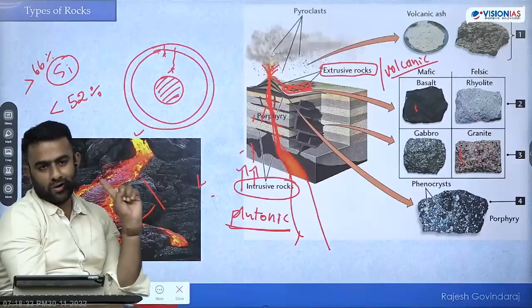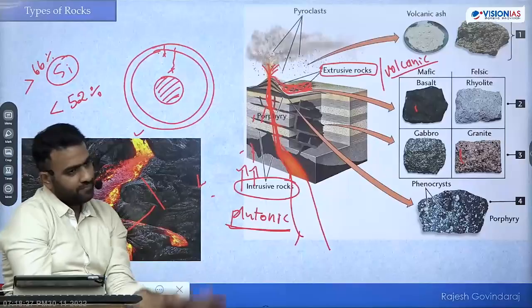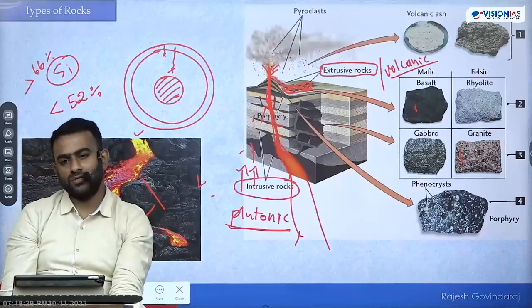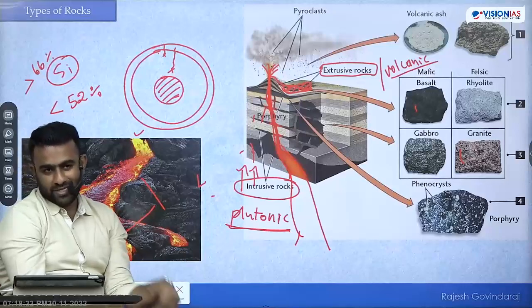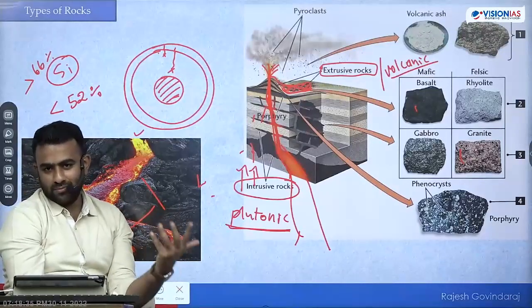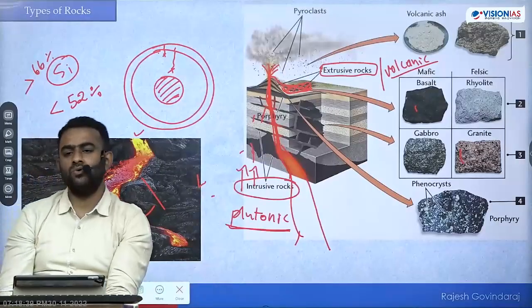So I told you continental crust are brighter in color. Most of them are intrusive igneous rocks. They are brighter in color like granite. Extrusive igneous rocks, they are darker in color like basalt. That is what is oceanic crust majorly.